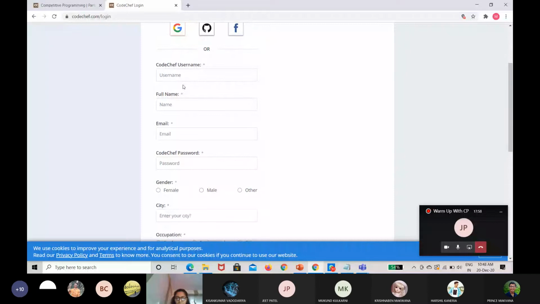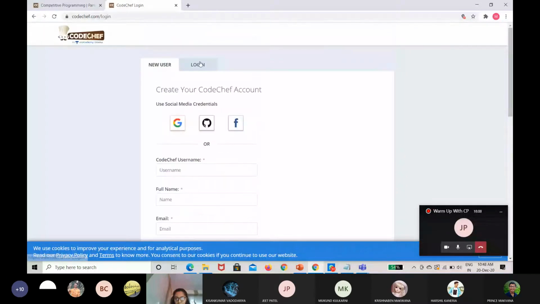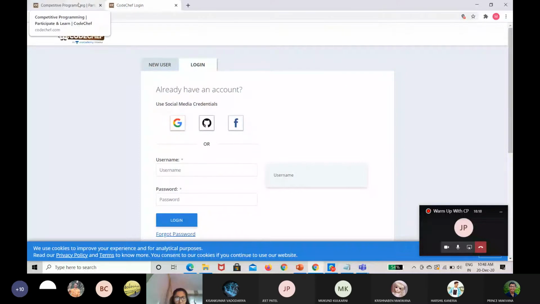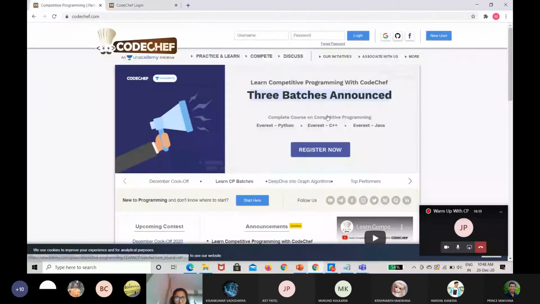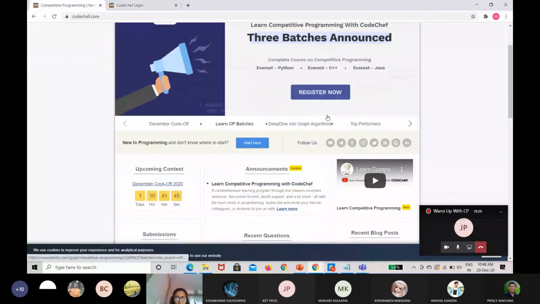After that, you can register yourself. For an existing user, you have to enter your username and password, then log in. After this process, you will have this kind of screen. This is the home page of CodeChef.